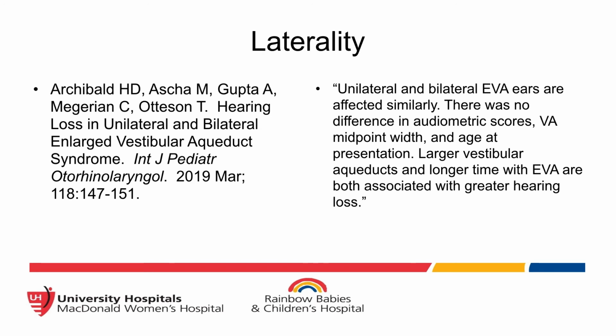We noticed no statistical difference in vestibular aqueduct width or operculum size, and also no statistically significant difference in hearing ability with respect to bilateral EVA versus unilateral EVA. So the fact that patients had unilateral EVA did not mean that their hearing outcomes would be any worse.